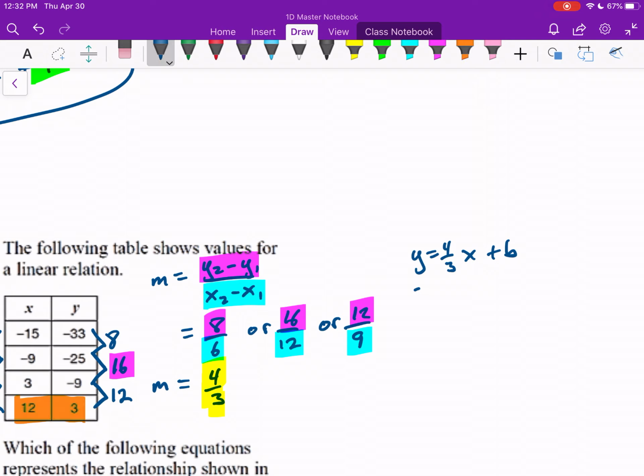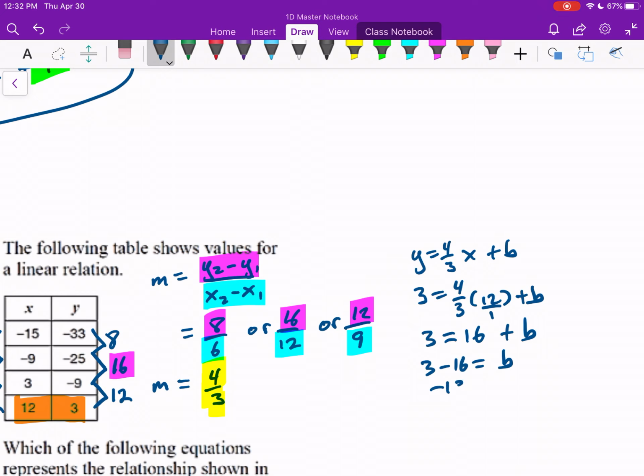So if I put 3 in for y, and I put 12 in for x, and then solve this for b, remember multiplying 4/3 times 12, multiply only the numerator by 12, I get 48, then divide that by 3 equals 16. Then I'll subtract 16 from each side, and I get negative 13.